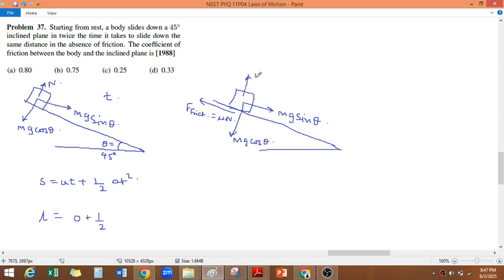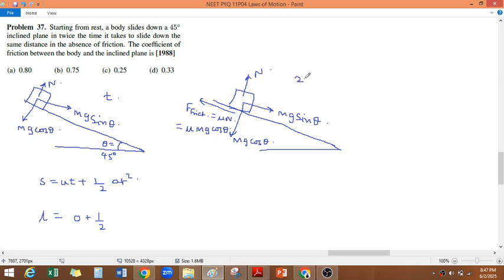This is normal reaction N. So F friction is equal to mu into N, so mu into mg cos theta. So do you understand the difference? So here you have only mg sin theta. Here you have friction acting.